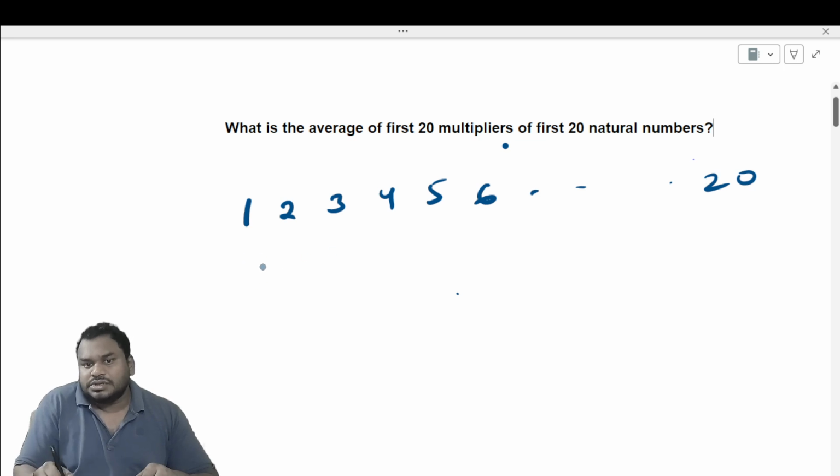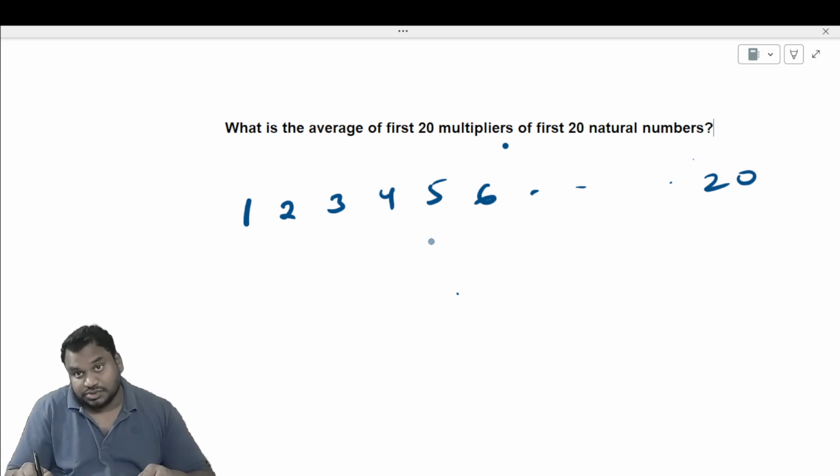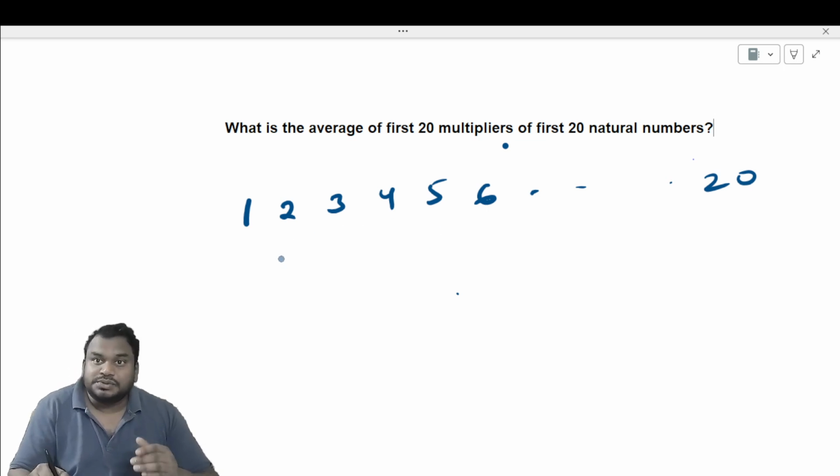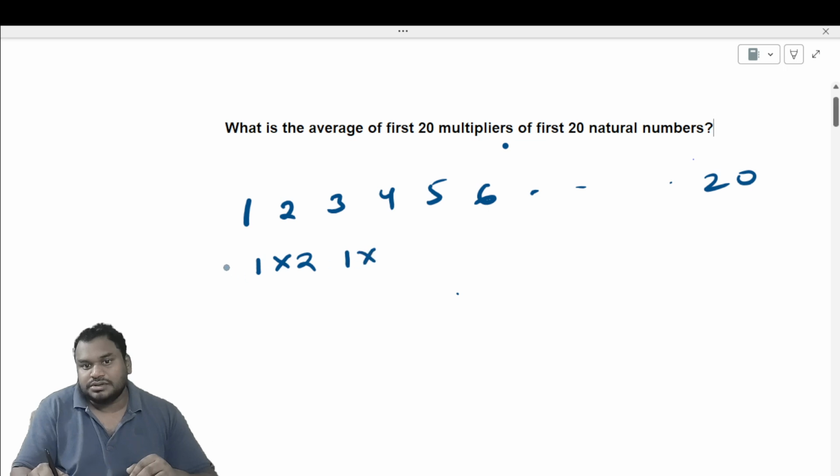So now you're not supposed to calculate the average of these 20 numbers. You need to multiply them. Each number should be multiplied with 1, 2, 3, like that till 20 numbers. So I'll see here 1 into 1, 1 into 2, 1 into 3, 1 into 4, like that, 1 into 20.